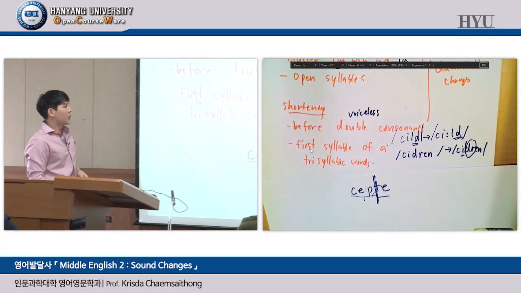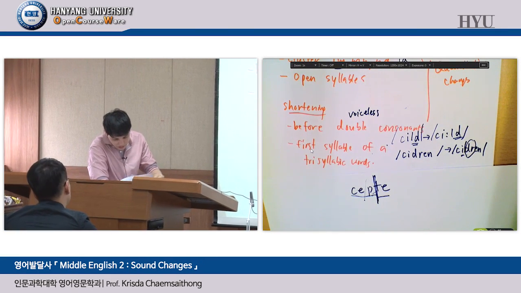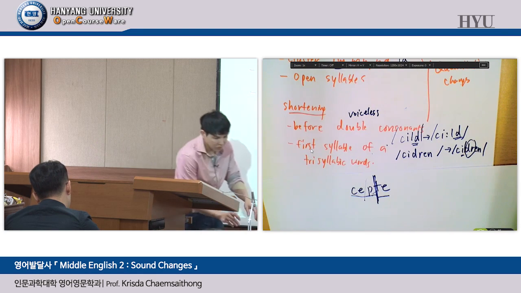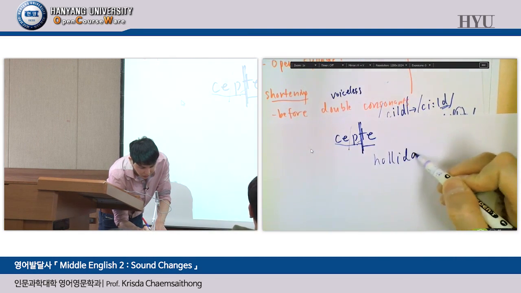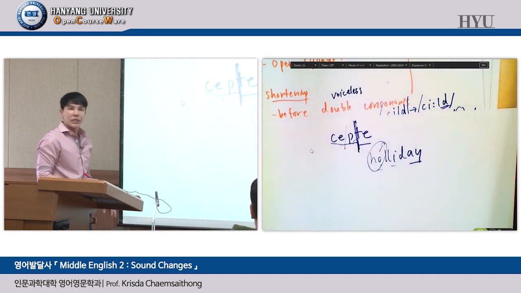First syllable of a trisyllabic word. For example, let me give you an example. Holiday. The word holiday. There are 3 syllables here, right? This syllable will be shortened.